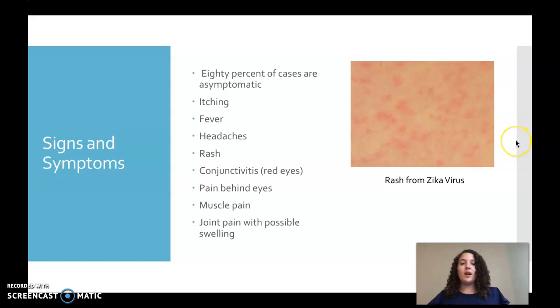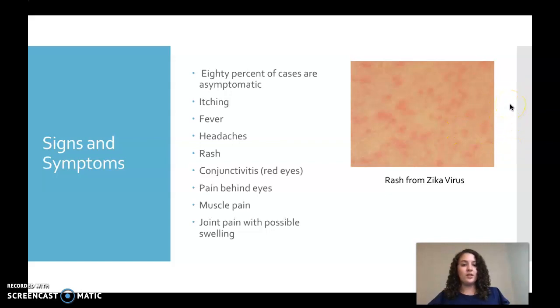So 80% of Zika virus cases are asymptomatic. In my research, I could not find any numbers on deaths attributed to Zika virus. It's described as a very mild disease. Symptoms only manifest themselves in 20% of cases. Hospitalization is very rare. The disease can cause itching due to this rash over here.